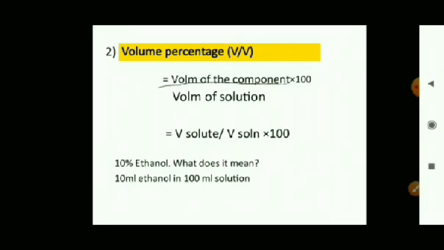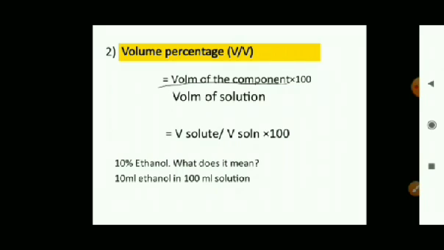So what is the formula for this volume percentage V by V? That is V solute, meaning volume of the component. This component is your solute. Divide by the total volume of the solution, that is V solution, into 100.